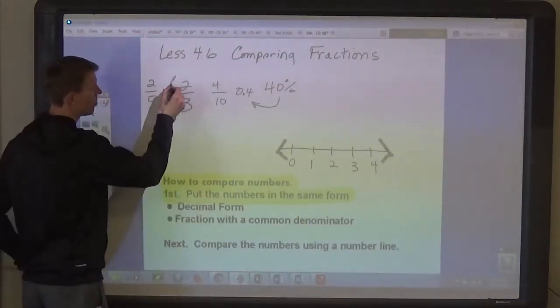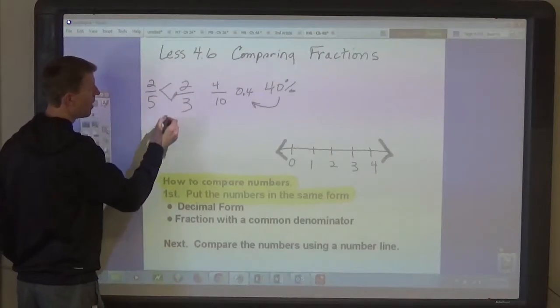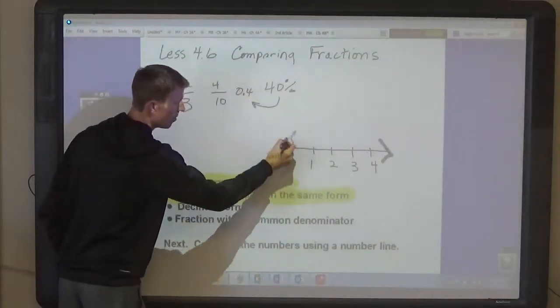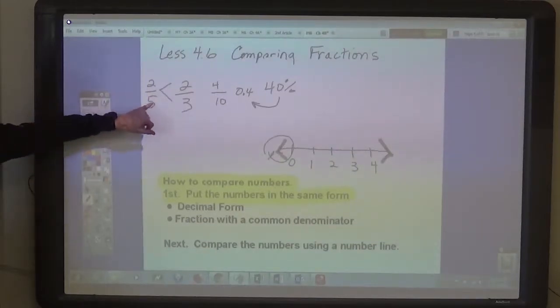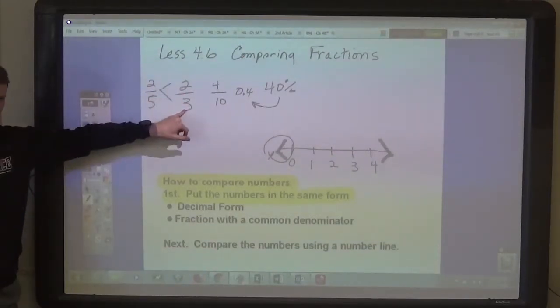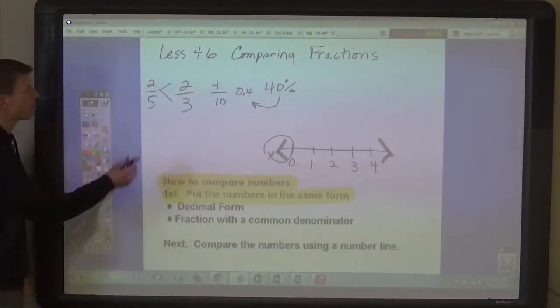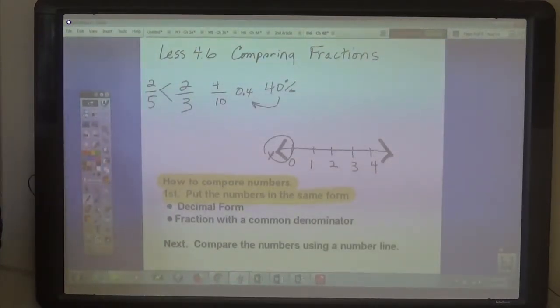So we use the symbol, the less than sign, which is this sign right here, which says 2/5 is less than 2/3. That's what this statement says. 2/5 is less than 2/3.